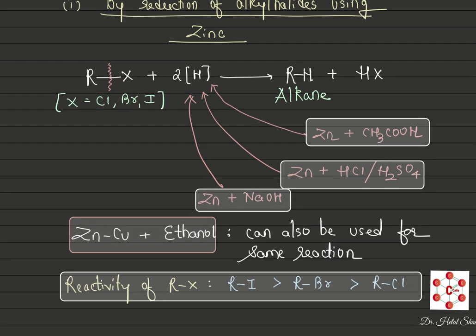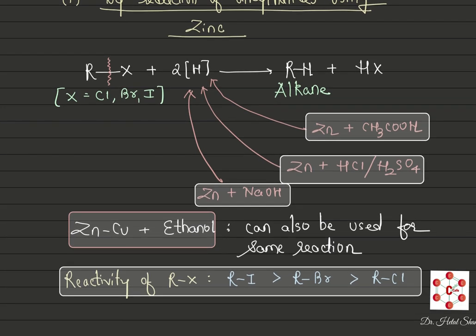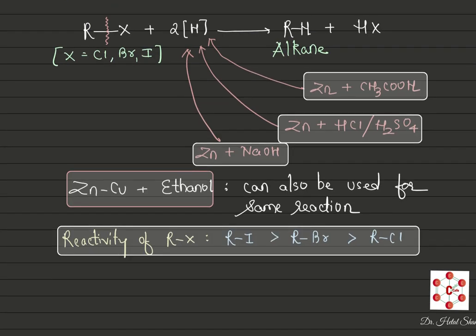One more thing here, pay attention. We would be discussing the mechanisms also. Eventually, we would talk about how this exactly happens, but for now, we are just doing disconnections. Okay, now pay attention.